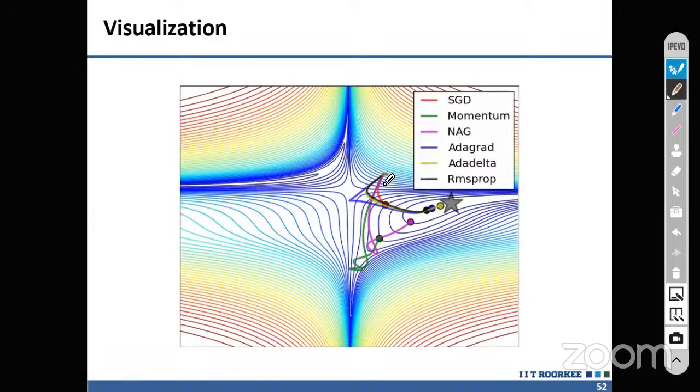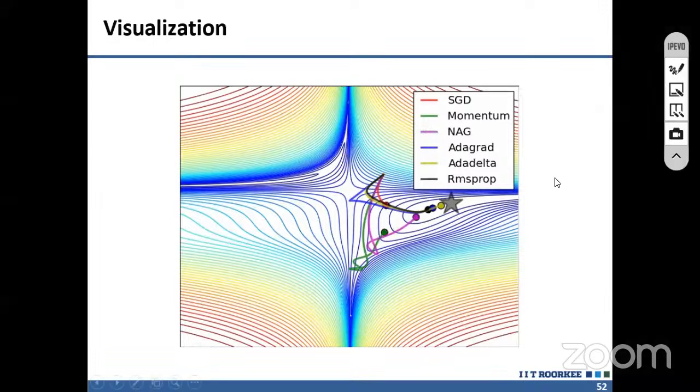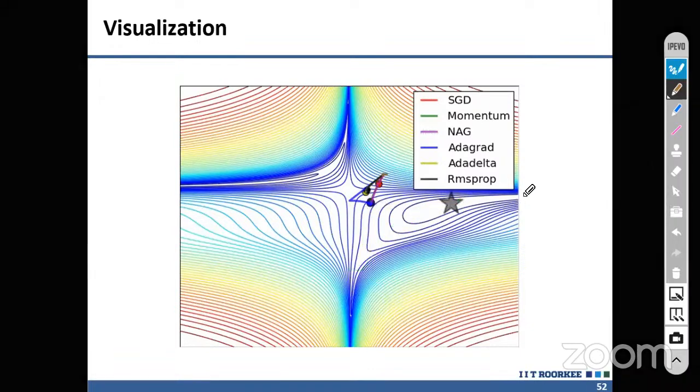SGD is this red one, and it is going very slow. Whereas the other techniques, you'll see that momentum will be faster than SGD. And then Adam, RMS prop, AdaDelta are better and faster. The main idea is to reach the global minimum faster.